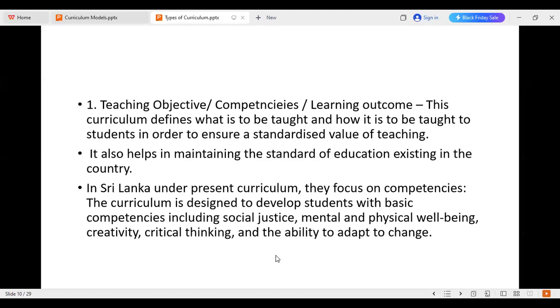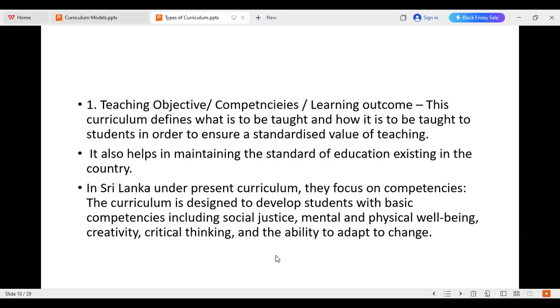The subject content is also given by the Ministry of Education through textbooks, syllabus, and teachers' guide. Using those things, they can decide their learning outcomes.